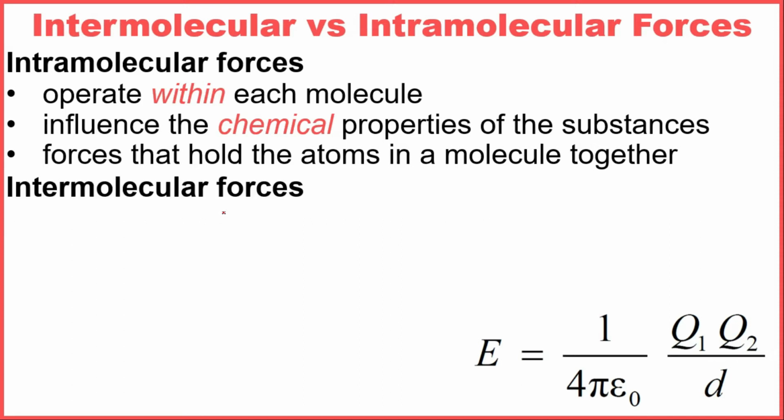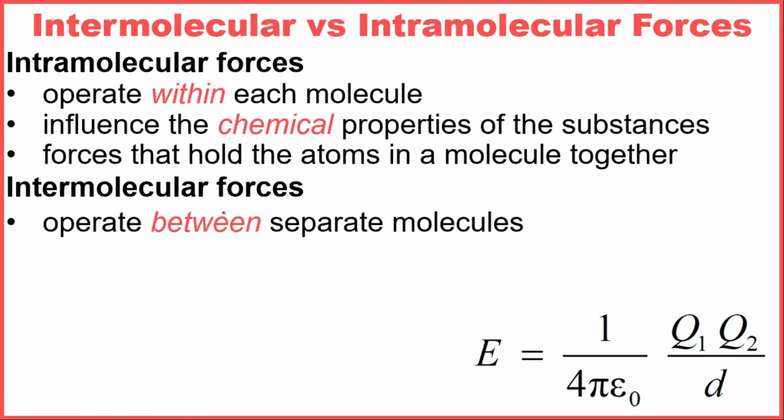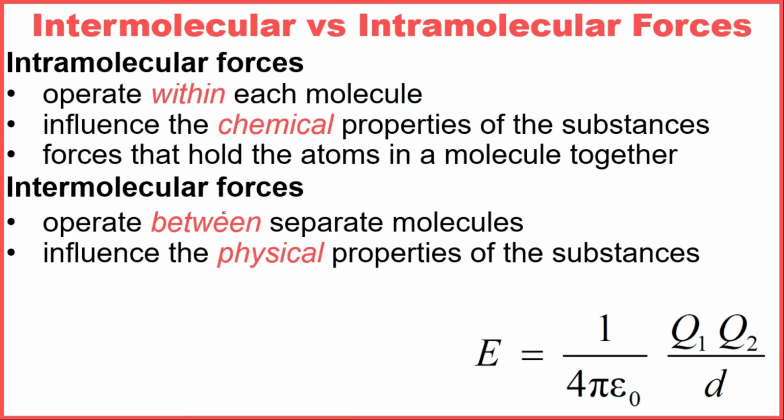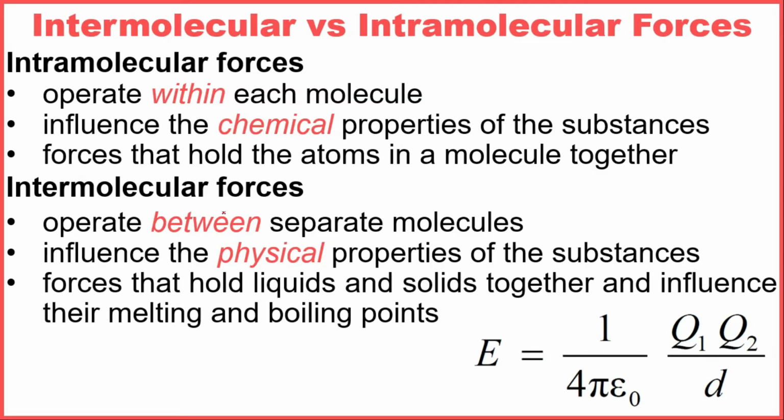Intermolecular forces, on the other hand, operate between separate molecules, influencing the physical properties of the substance. These are forces that hold liquids and solids together and influence their melting and boiling points. They are weaker forces because they result from smaller charges or partial charges interacting over much larger distances.